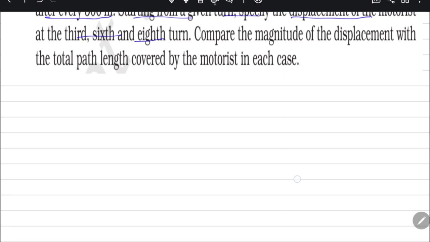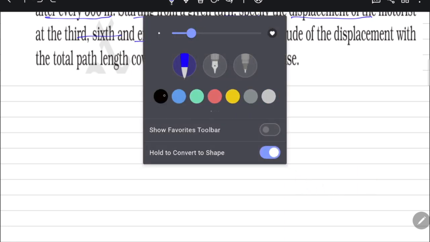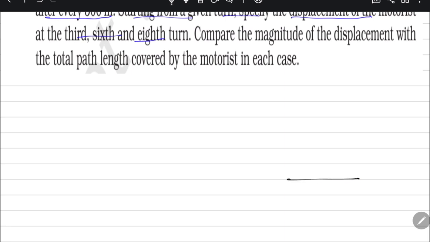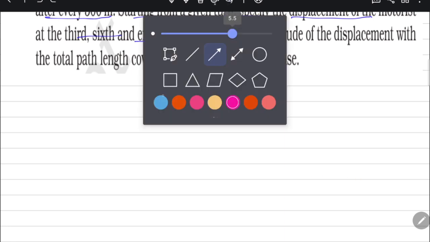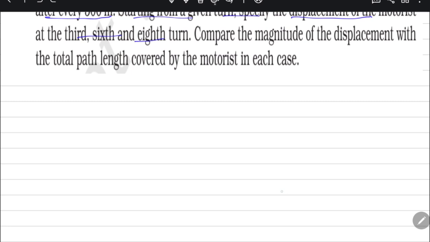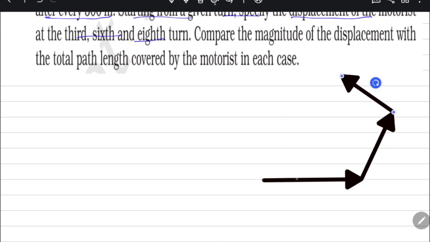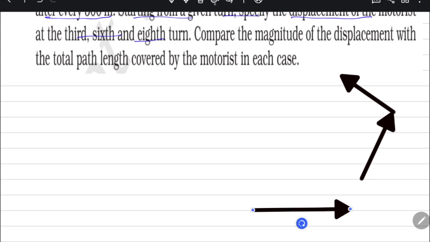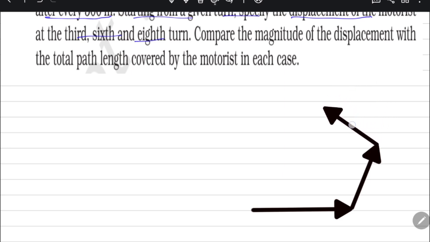So I will make the diagram so that you can easily understand it. Let me change the color so that you can easily get the idea. They make a 60-degree angle turn every time. It is like a hexagon.